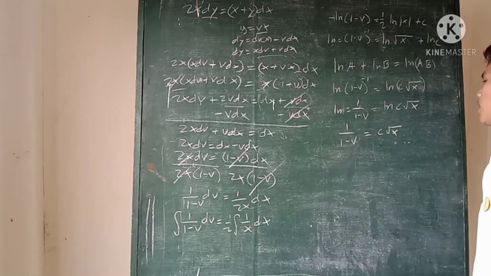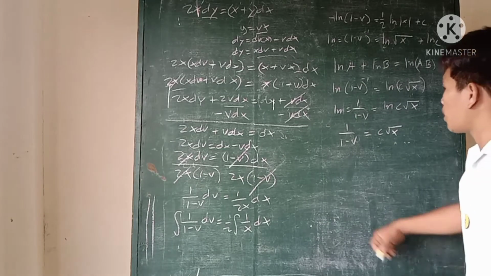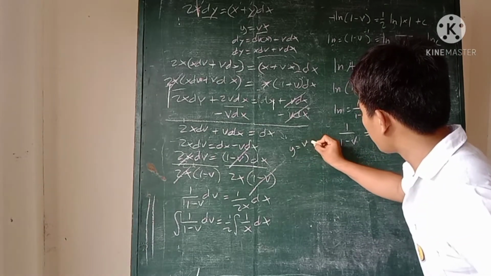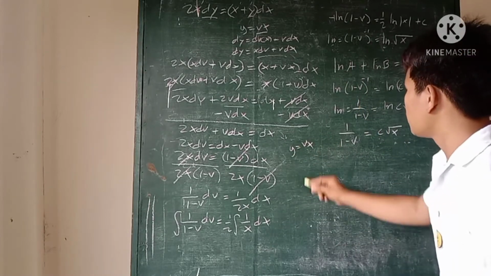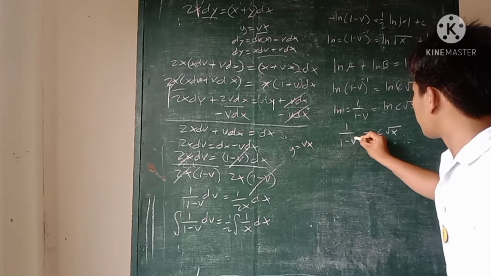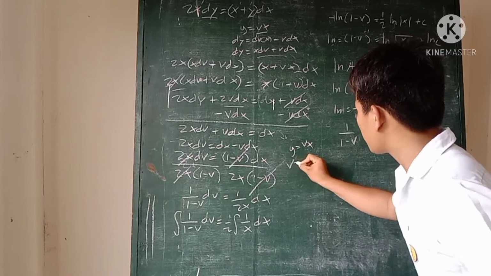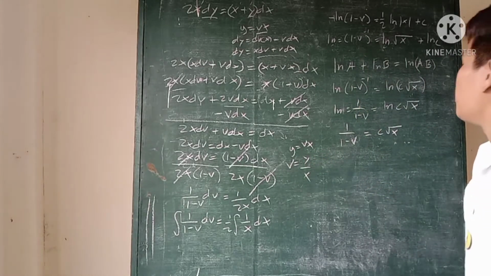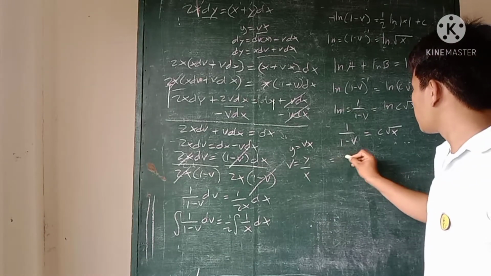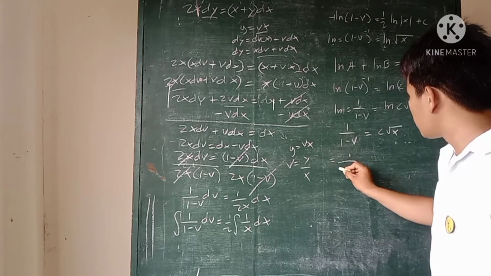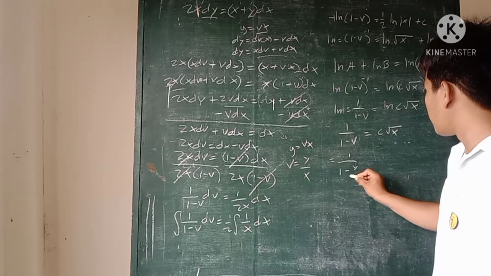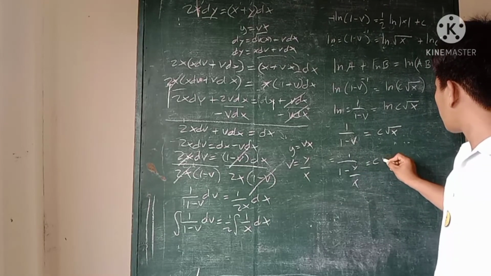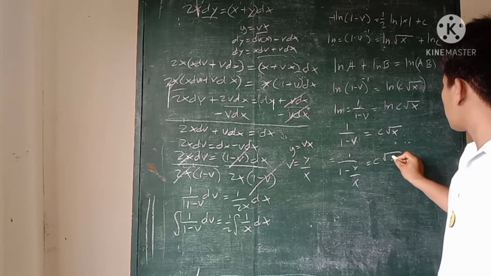Next, since y equals vx, v equals y over x. So we need to change the value of v. So 1 over 1 minus y over x equals c square root of x.